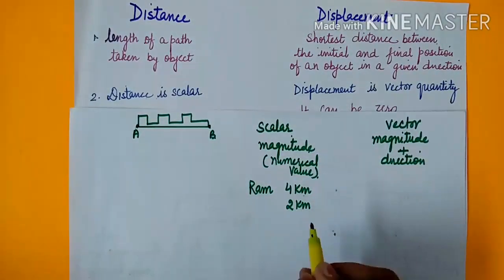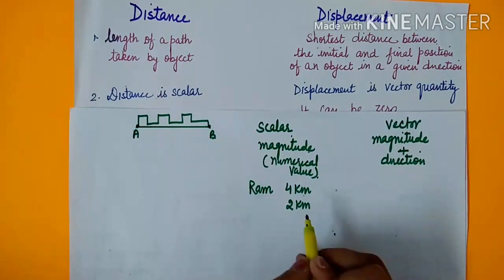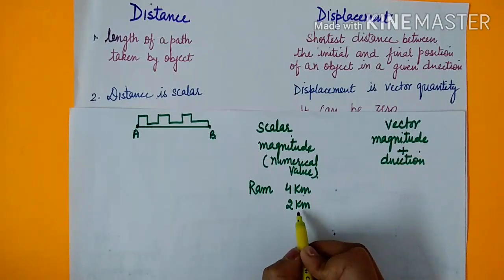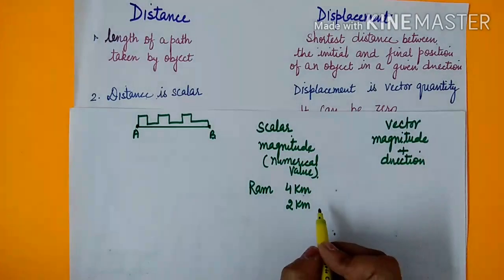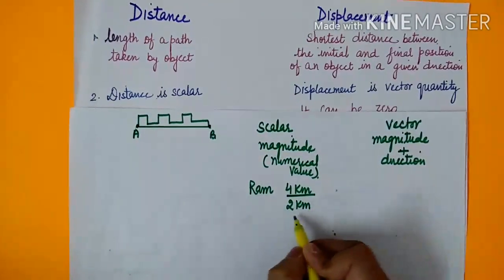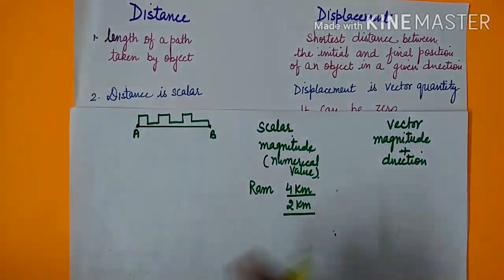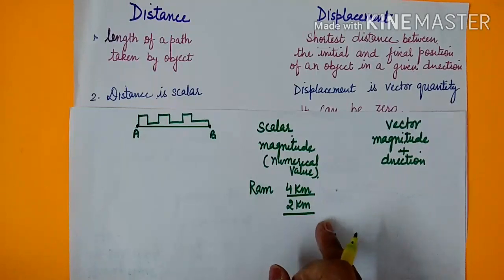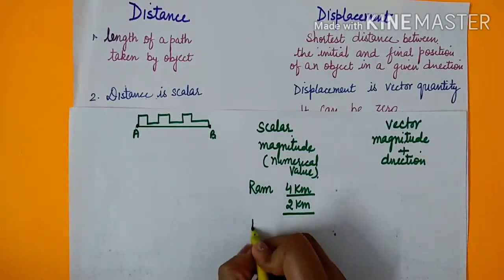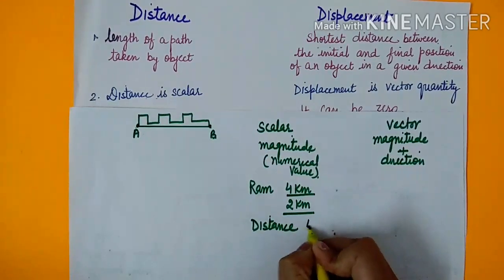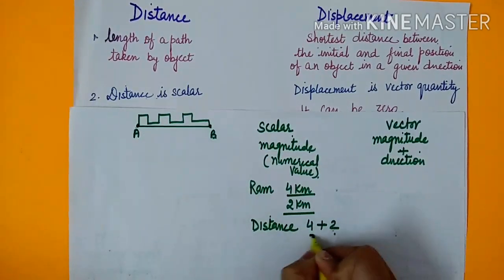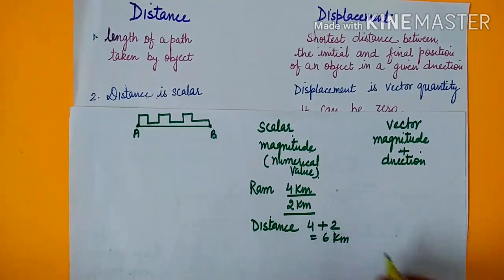Clear? So is this information enough to calculate distance? Can you calculate the distance only from this information? Yes, you can calculate, because he traveled 4 kilometer and he traveled 2 kilometer of path length. So for calculating distance, you add 4 plus 2 is equal to 6 kilometer.